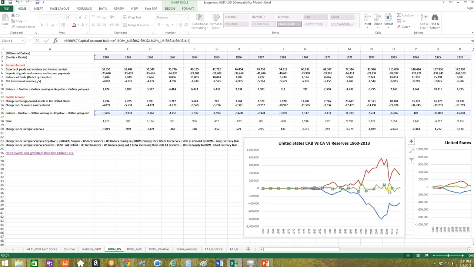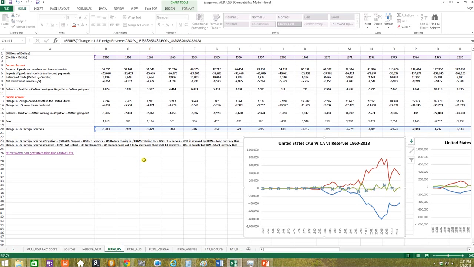And the balancing item is basically the inverse of the error. So it's the error inverse and has to be added back in. So the current account balance and the capital account balance equal 0. So we want the whole balance of payments to equal 0.